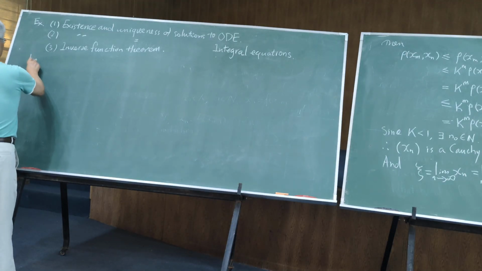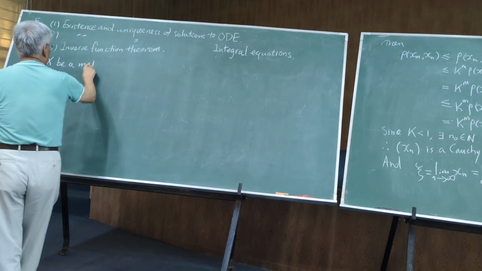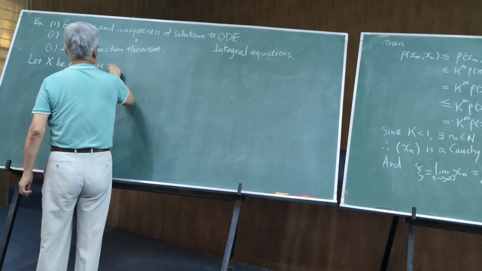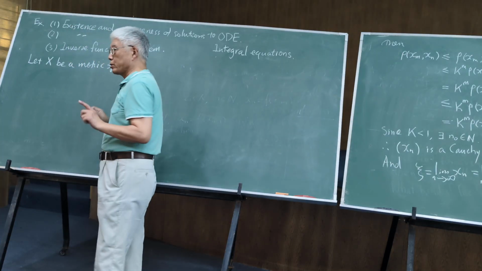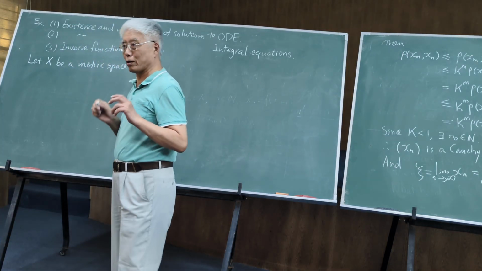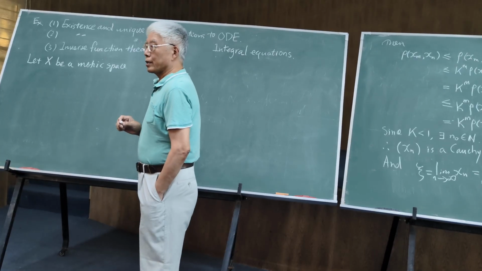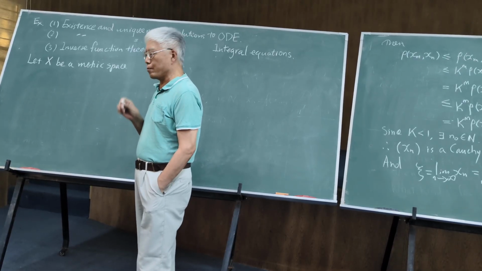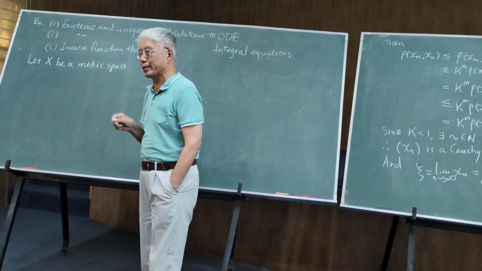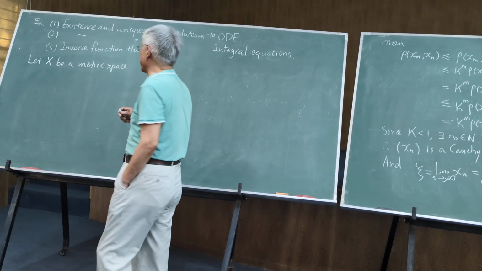Let X be a metric space with distance function rho. Rho is preserved for intrinsic distance, which we are going to define today. We have been talking about it all the time. You also have to know that there may not be a unique intrinsic distance in some metric spaces. We will see examples.